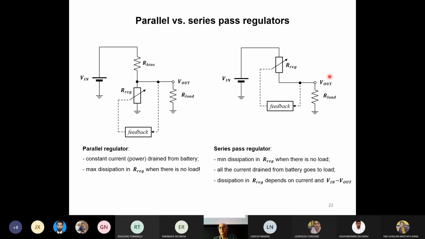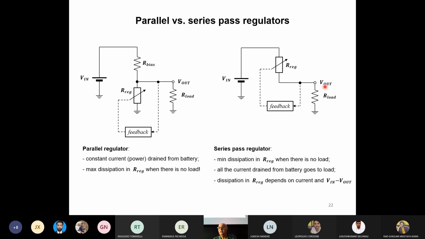One way is this, to have a collector and emitter here, a voltage follower. We will see that quite soon. So if the load tries to drain current, probably the output voltage will decrease, and so we reduce the resistance of this regulator in order to keep again the output voltage constant.